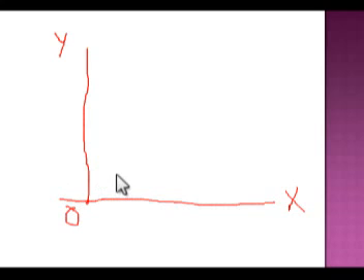There are two axes. This is the x-axis. This is the y-axis. This is the origin.